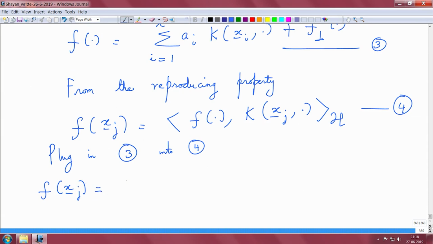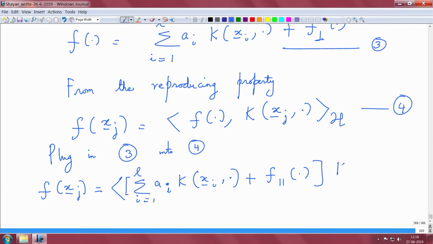Now, I expand f in terms of two components, which is summation i equals 1 to L ai, because it is lying in the span of the kernel functions, this with kernel, okay.